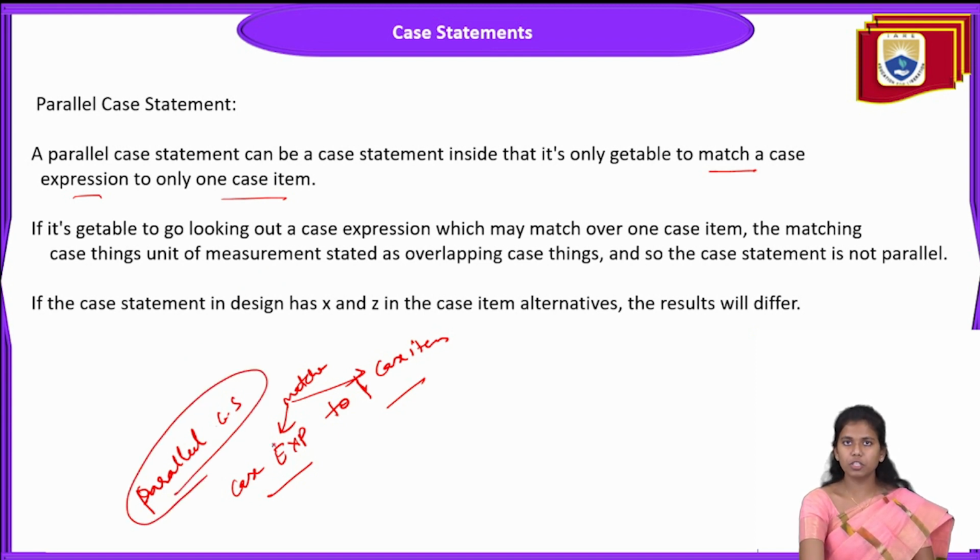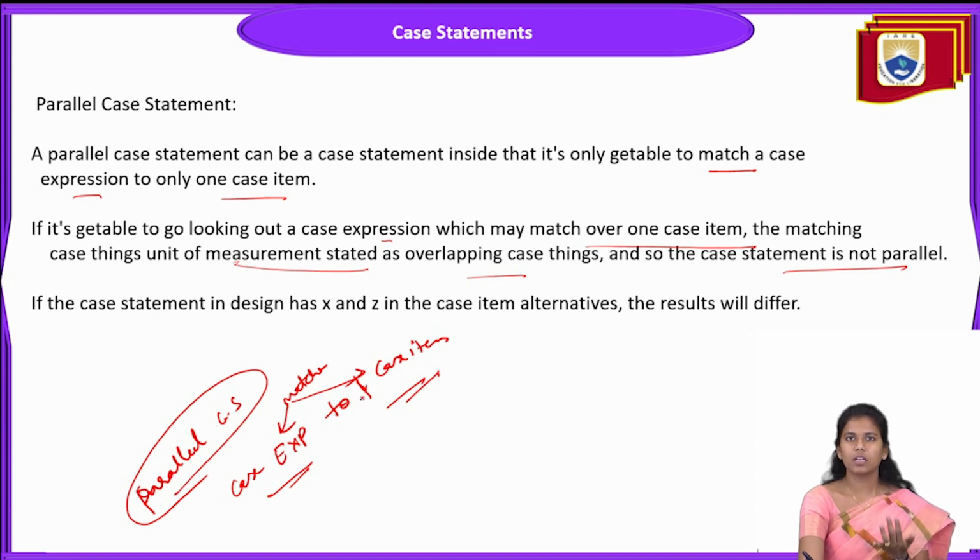If it is gettable to look out for a case expression which may match over one case item, the matching case is stated as an overlapping case, and so the case statement is not parallel. So sometimes, if the statement is matching the case expression to only one case item, then we are calling it a parallel case statement.